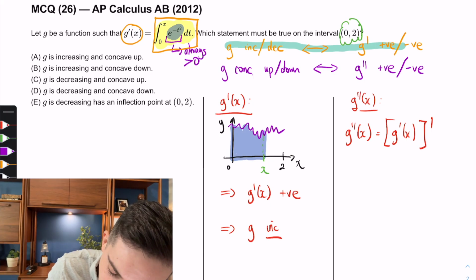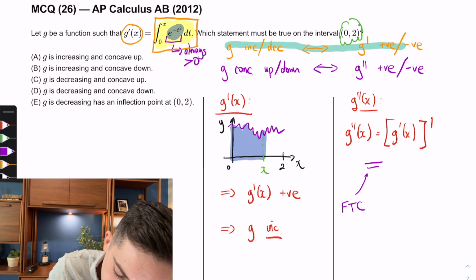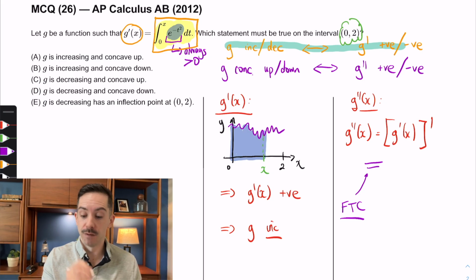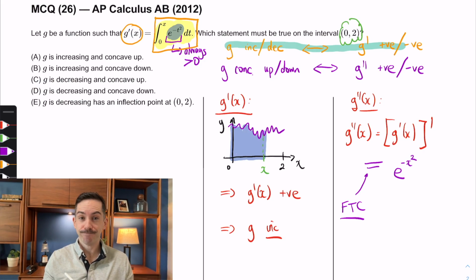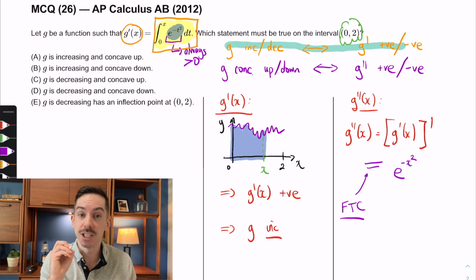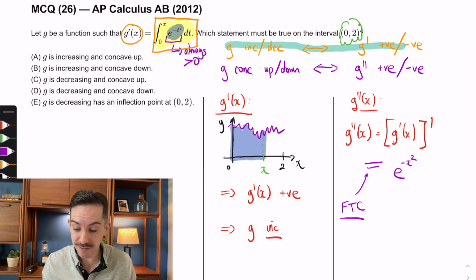So I'm going to apply the fundamental theorem of calculus to get that the derivative of g prime is e to the negative x squared. So that is my expression for g double prime, the second derivative.